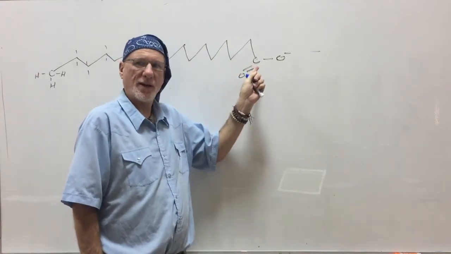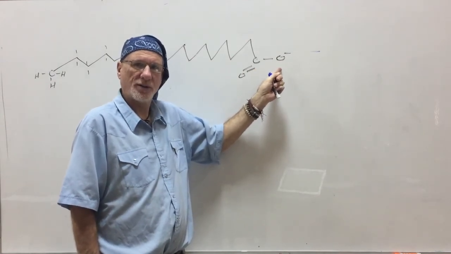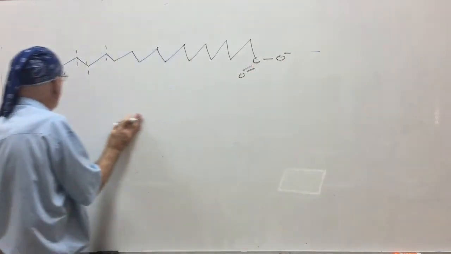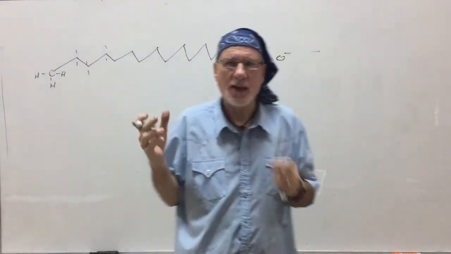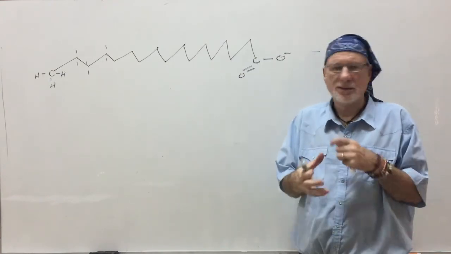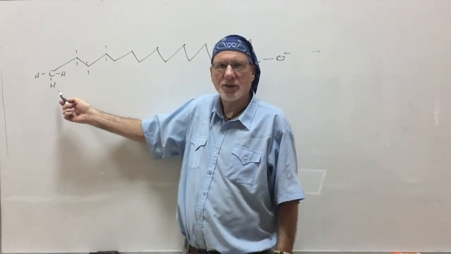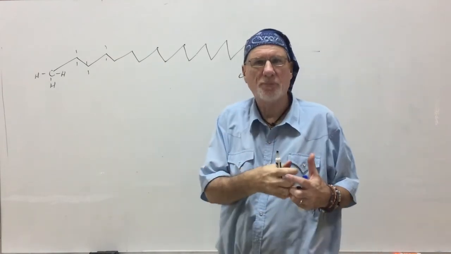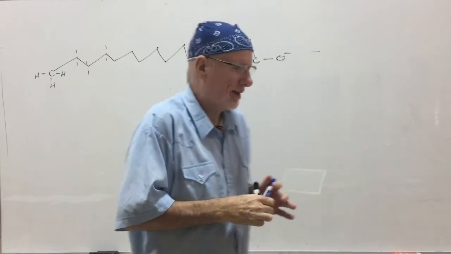We're not going to worry about that right now, but that's where the charge comes from. That attaches to water, and this attaches to the oil. You can wash your hair if it's greasy, or clean your hands of oil from cooking. You use soap, that's going to dissolve in the oil, that's going to dissolve in the water, and it literally pulls the oil off your hands. That's how it works.